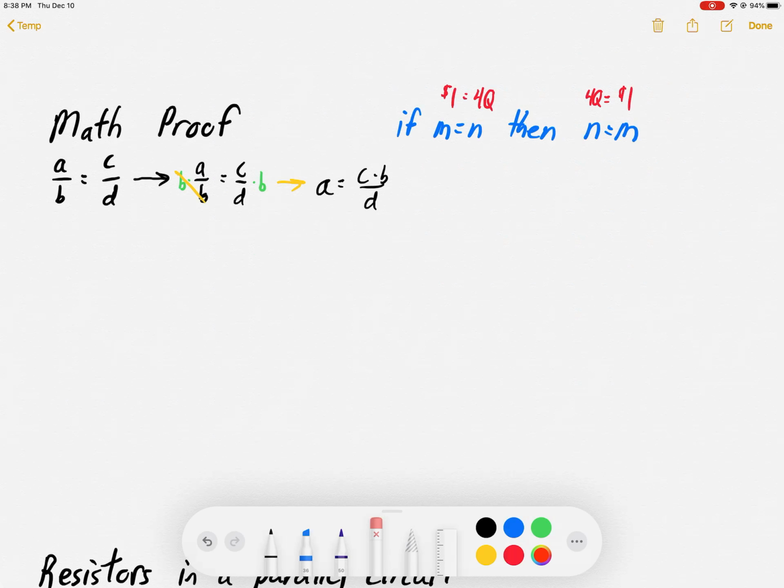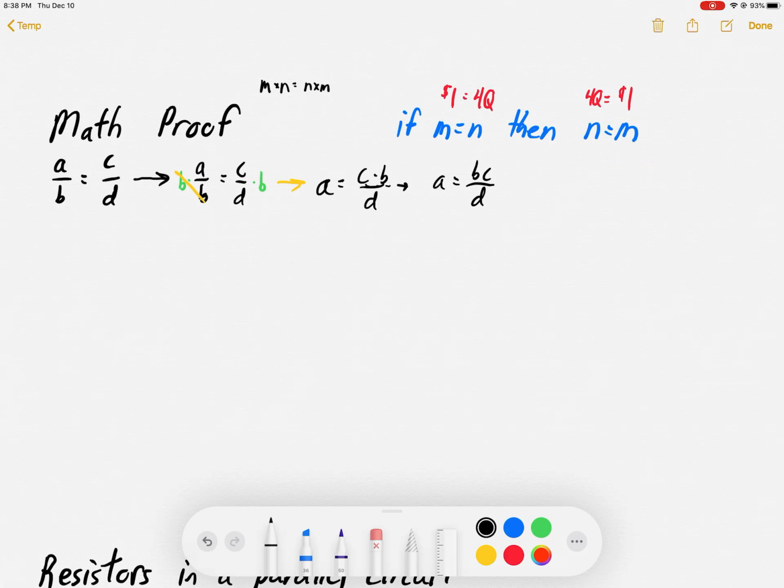All right, so now I've got this new fraction, A equals BC over D. I just used the property of multiplication that says two numbers, when multiplied together, are commutative, meaning that they're the same forwards and backwards. 2 times 3 is the same as 3 times 2.